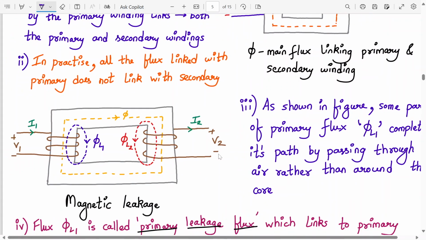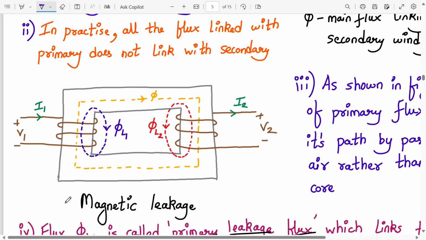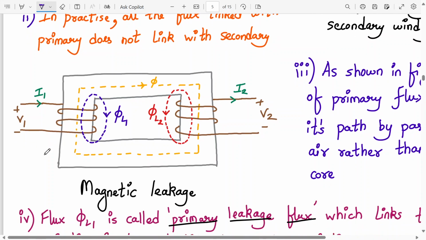Concentrate over here. I1 is my primary current, I2 is secondary current, V2 is secondary voltage, V1 is the primary voltage. This diagram shows you the magnetic leakage. As shown over here, there is a primary flux phi L1 and phi L2 is the secondary flux.